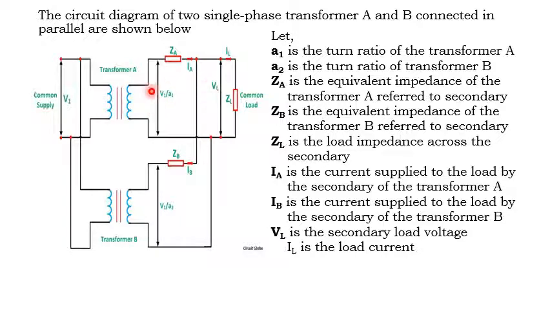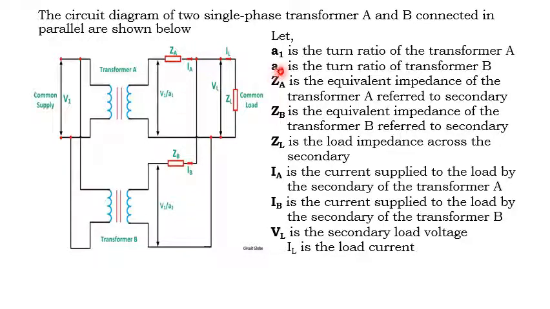So some points are mentioned here: the transformer A current, transformer B secondary current, and the load current, load voltage and impedance.